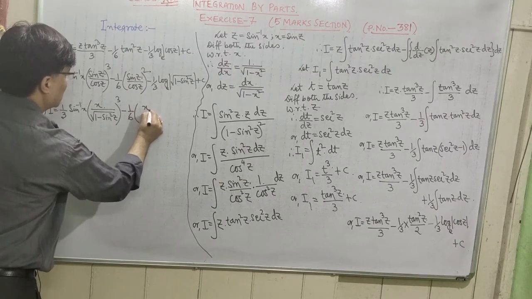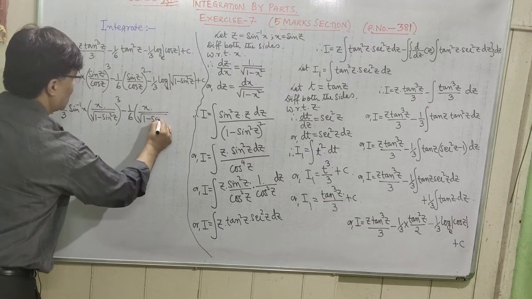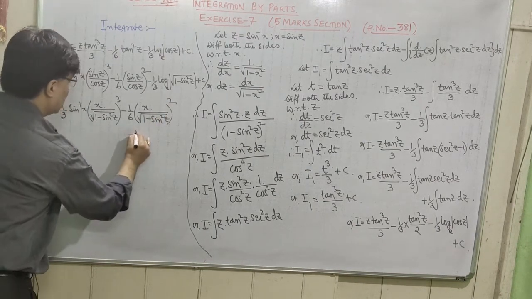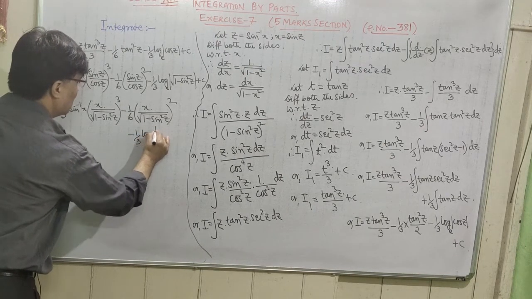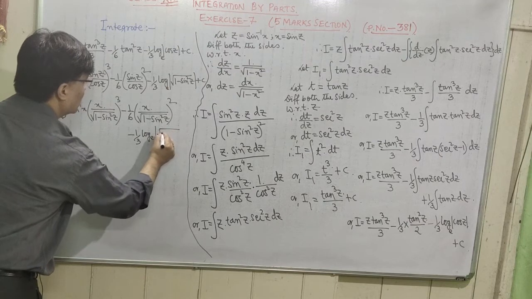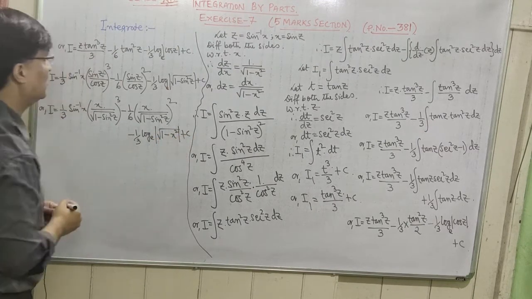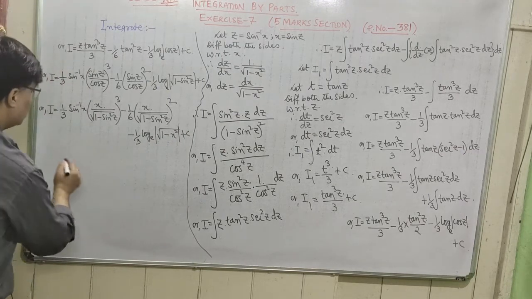What is sin z? This is x divided by root over, this is your 1 minus sine square z whole square, minus 1/3 log base e within mod root over, this is 1 minus x square plus c, because here sin z is x. Is that clear?